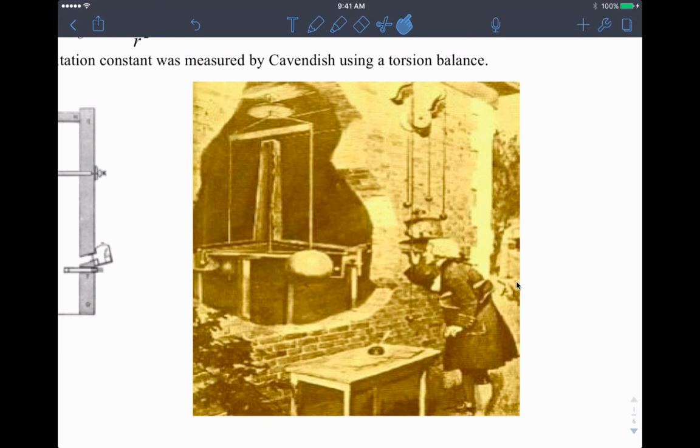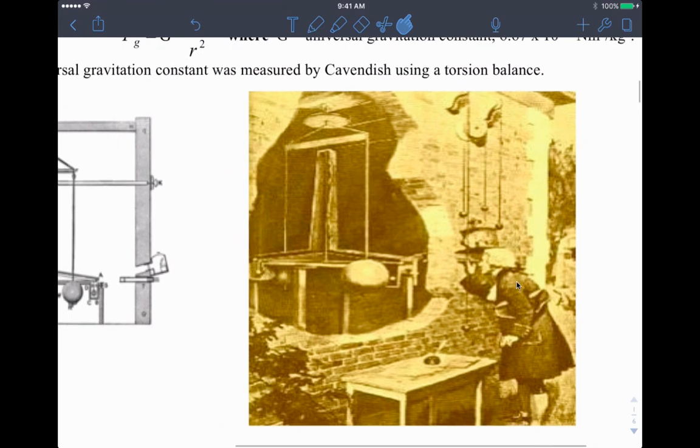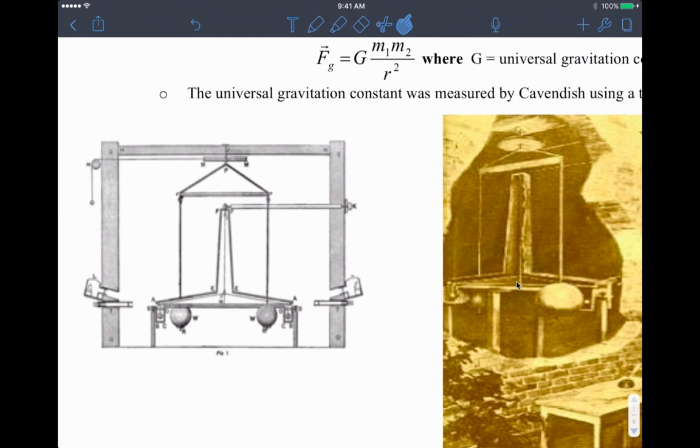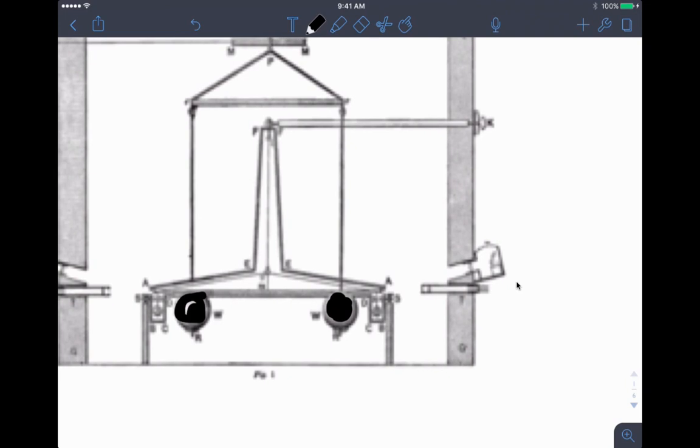How this device worked was he had two masses suspended kind of like on a dumbbell, like these two masses here, and there were two other masses that were stationary. The dumbbell masses were suspended from a cable up at the top, and they were free to rotate.